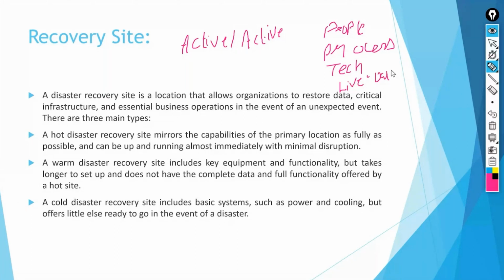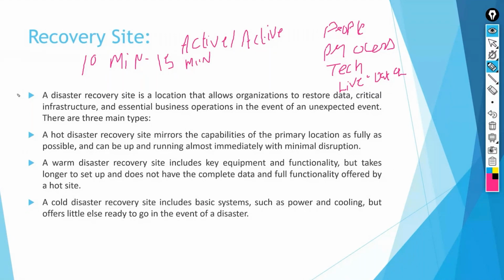That is the reason why we say that in active/active, there is zero downtime. When you want to restore the system within 10 to 15 minutes, at this point of time you will go for a mirror site. But the problem with the mirror site is that it is very costly for the organization to implement.